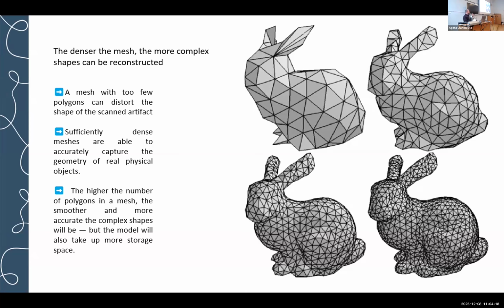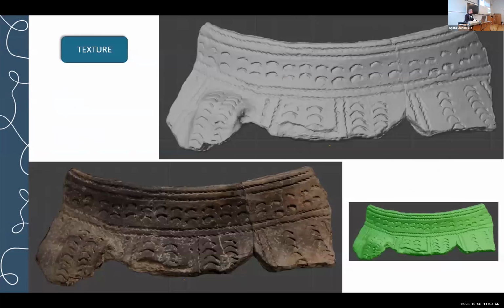We need to have as many points as possible in our model, in our point cloud, to create complex geometry of the imprint. Because when we don't have a sufficient amount of data in our 3D model, we won't be able to create complex geometry of the object. So this is the basic information: our data need to be of very good quality, and we need a lot of points in our 3D model to create complex geometry of the imprint.